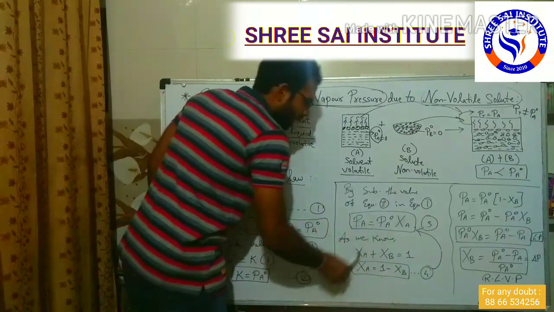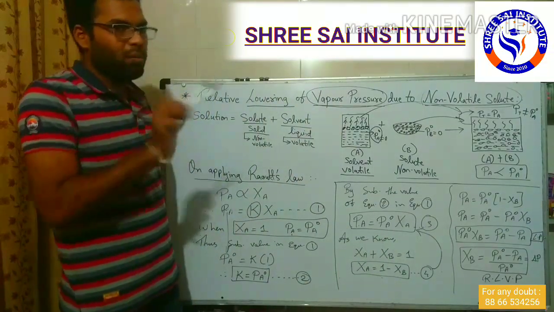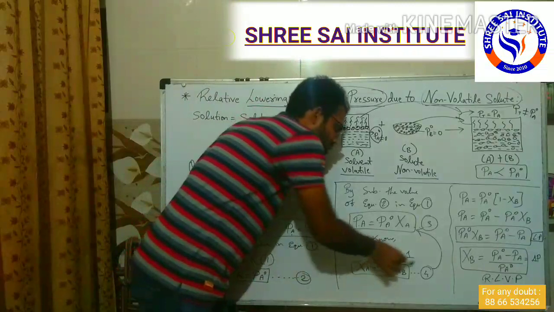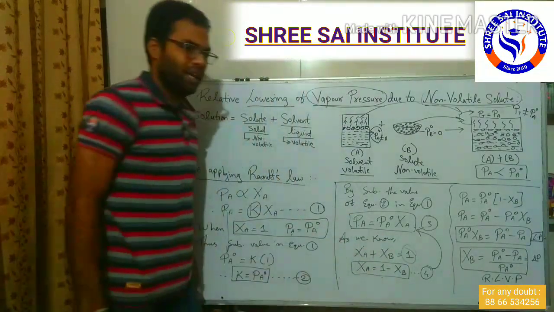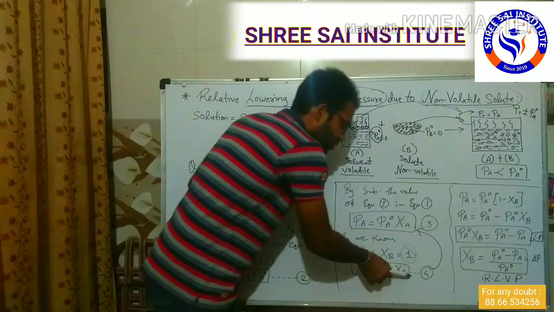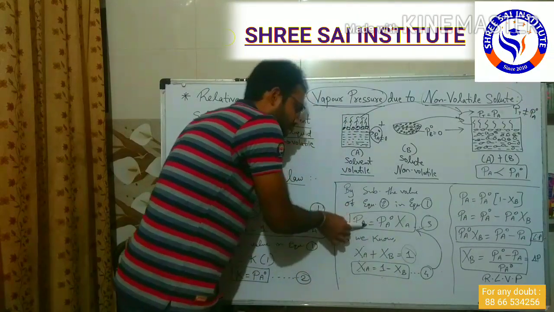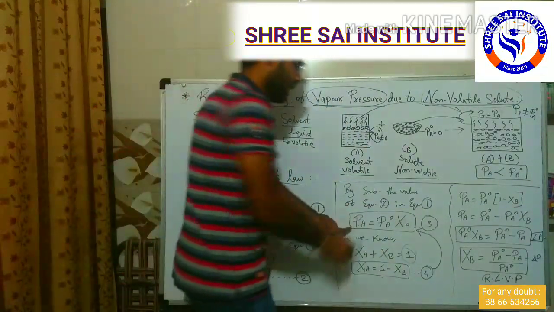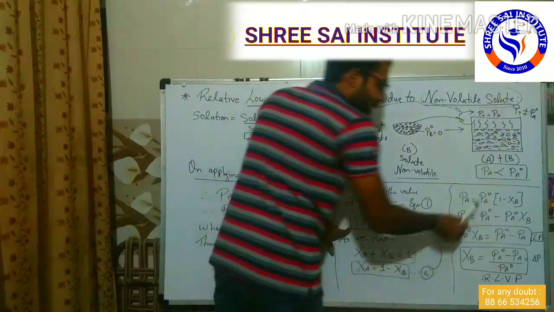As we know, Xa plus Xb equals 1, that means the total mole fraction is always 1. Making Xa the subject, Xa equals 1 minus Xb. Now substituting this value of Xa in the third equation, in place of Xa we put 1 minus Xb.